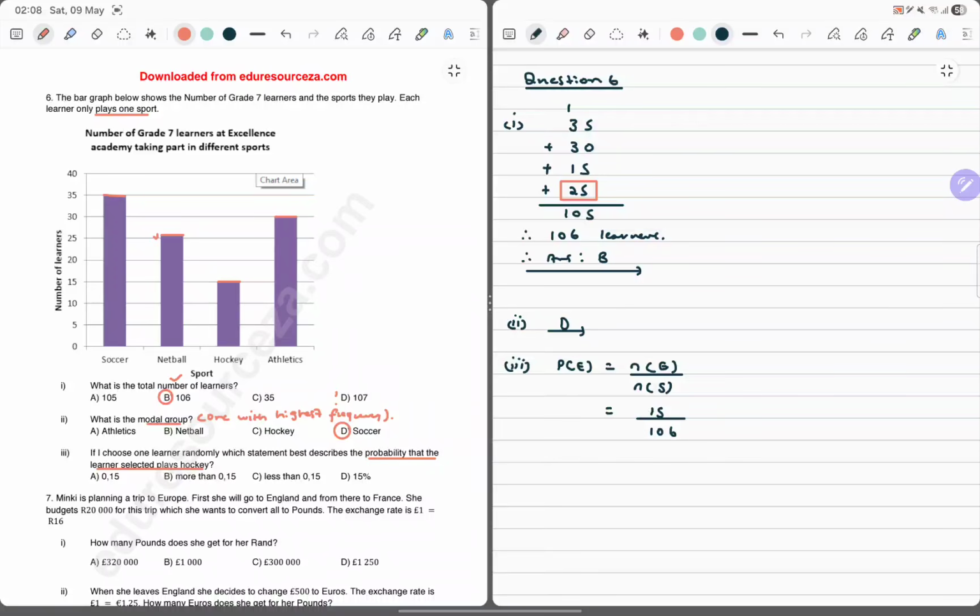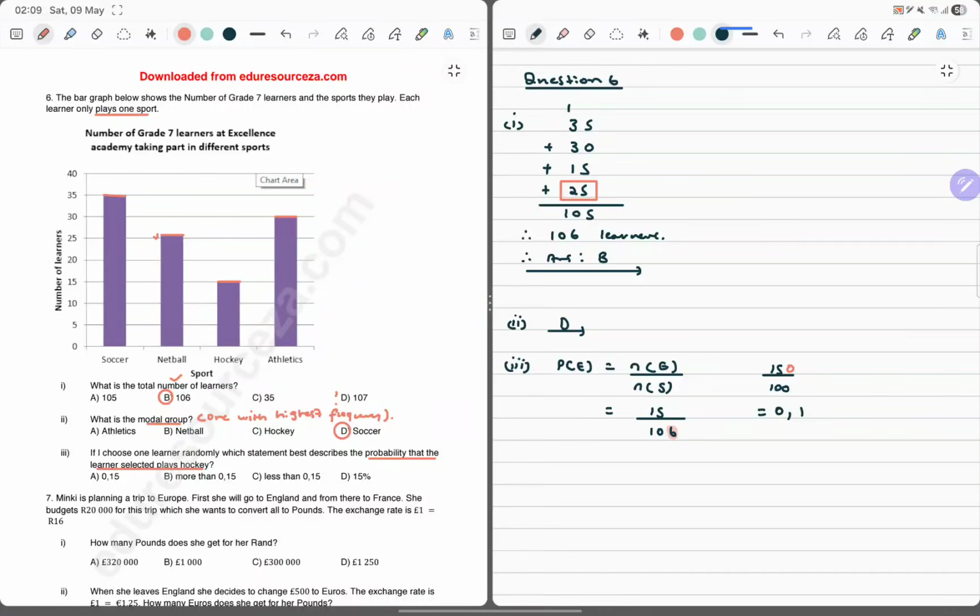So on the side, you estimate on the side and say, well, look, I'm going to say this is 15. 106 is closer to 100. So I'm just going to say, what about 15 over 100? Right? And I ignore the 6 because I want to estimate. Now, what do we see there? 100 goes how many times to 15? 0 times. Then you put a comma and then you add a 0 there. Now, how many times does 100 go to 150?